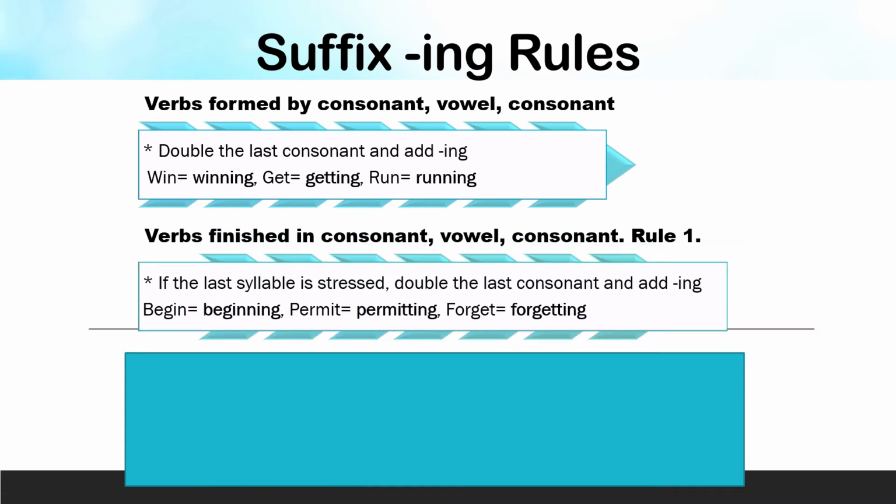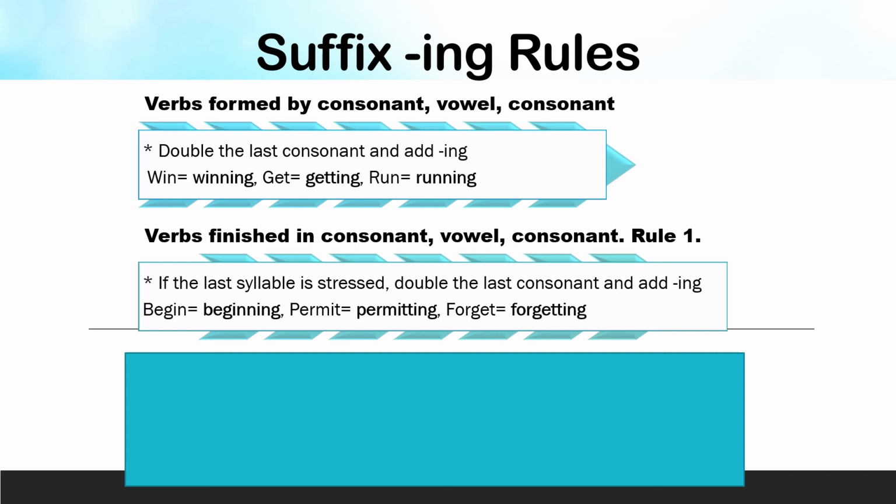Then again, if the verbs finish in consonant, vowel, consonant, but the last syllable is stressed, it means that it is pronounced with a higher tone of voice, you're gonna double the last consonant and add ing. So for example, begin.